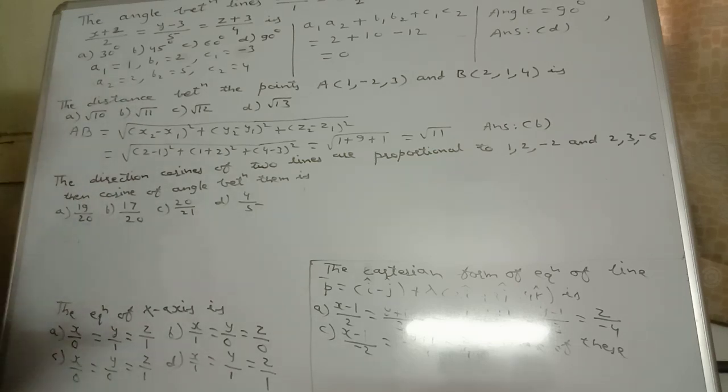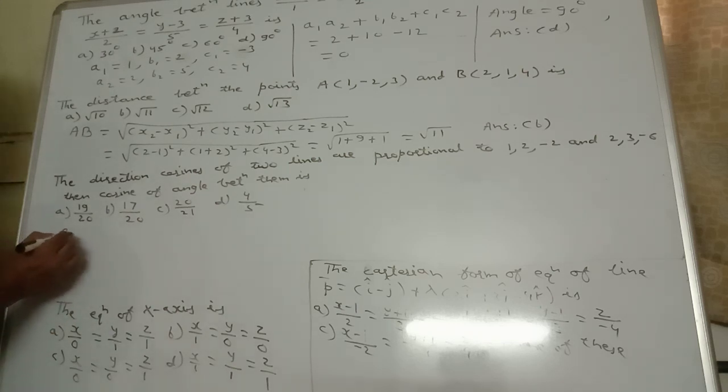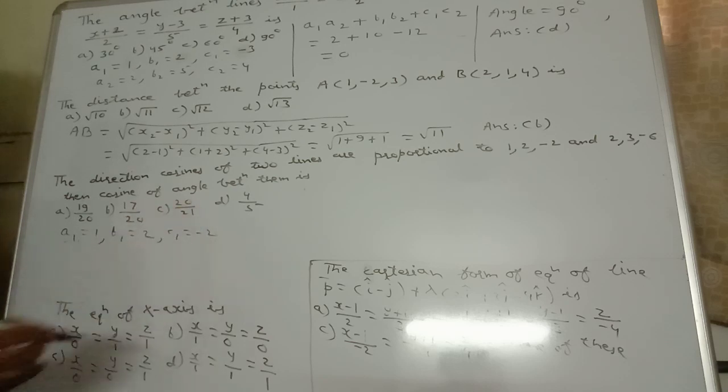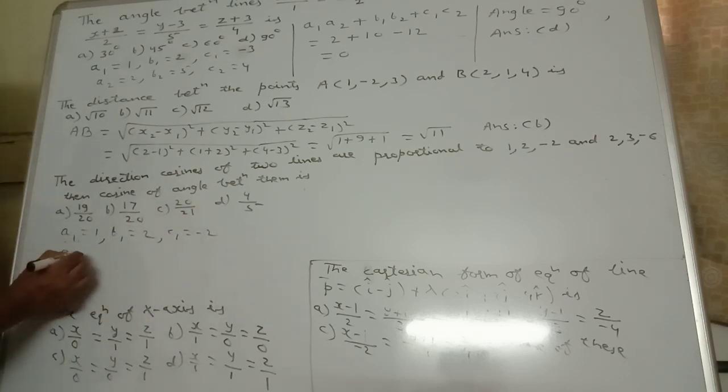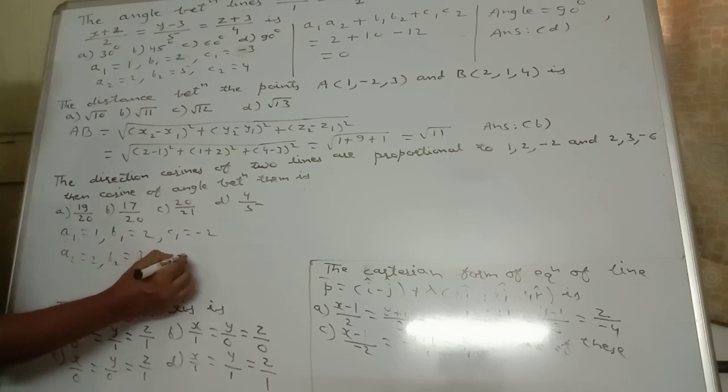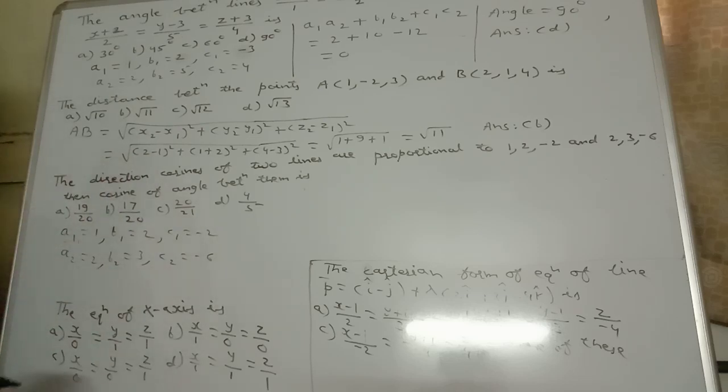Numbers proportional to direction cosines are nothing but direction ratios. For the first line, A1 is 1, B1 is 2, C1 is minus 2. Direction ratios for the second line, A2 is 2, B2 is 3, C2 is minus 6.